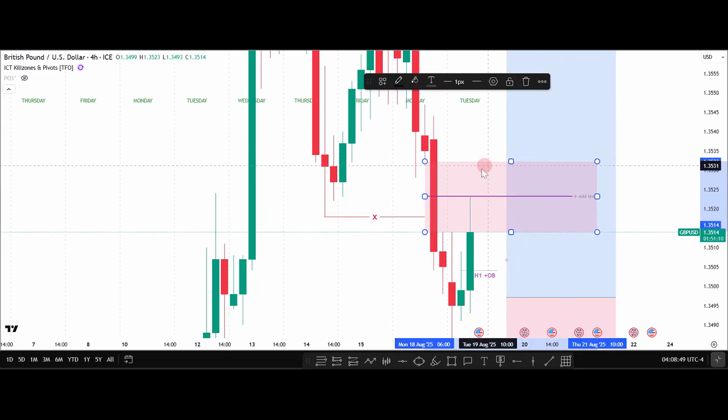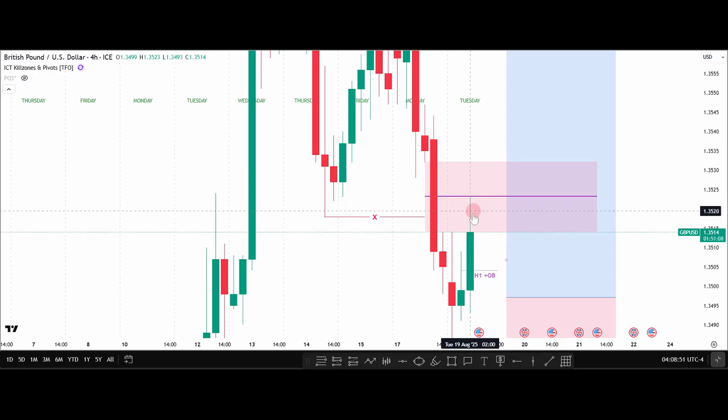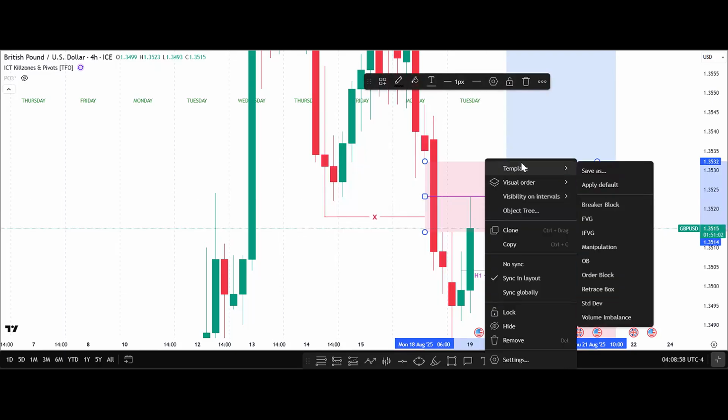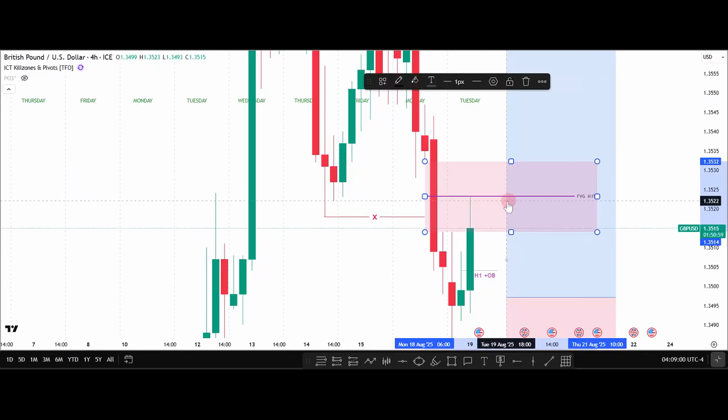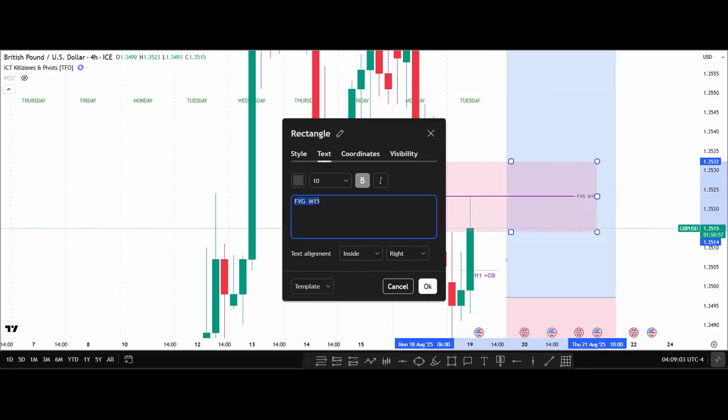Price has perfectly tapped the consequent encroachment of that fair value gap. So let me just name that.